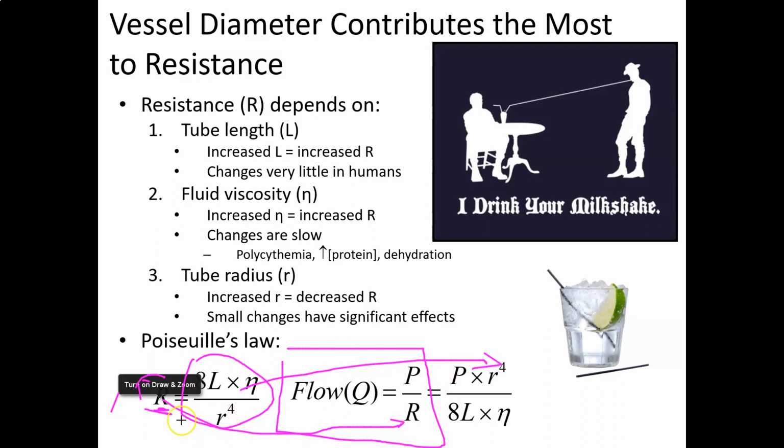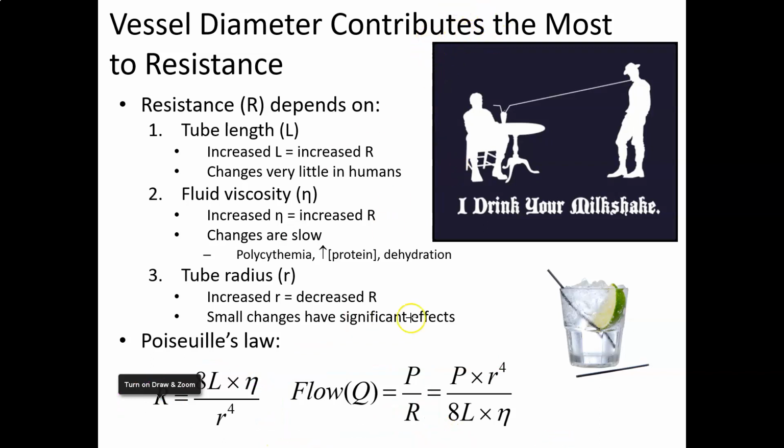Since big R is on the bottom in this equation, we're just going to flip it upside down. And so our flow equation, one of the more useful ones, is this one right here: pressure times radius to the fourth power over length times viscosity. Being able to look at this formula is important, because we're more often physiologically worried about flow, so putting it in terms of flow matters.